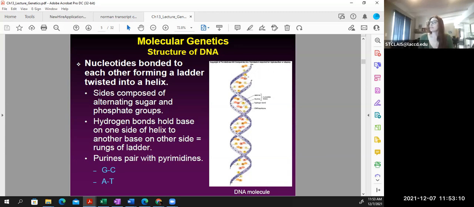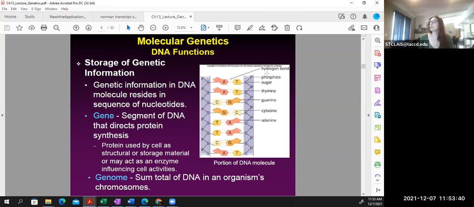And the 2 strands of the DNA are in the form of a double helix. The backbone here is made up of alternating sugar and phosphate groups. As I mentioned before, the purines will bond with the pyrimidine. So for example, you would have G with C and A with T, which we can also see right here in the middle.